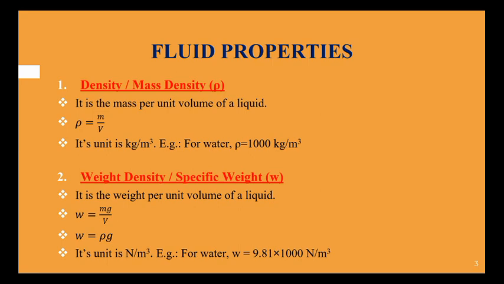From this equation, we can say that once we know the density of a liquid, we can find the specific weight by multiplying the density value with g. For example, we know that for water, the density is 1000 kg per meter cube. So its specific weight w equal to 9.81 into 1000 Newton per meter cube, and it is given in the fourth line. Its unit is Newton per meter cube.